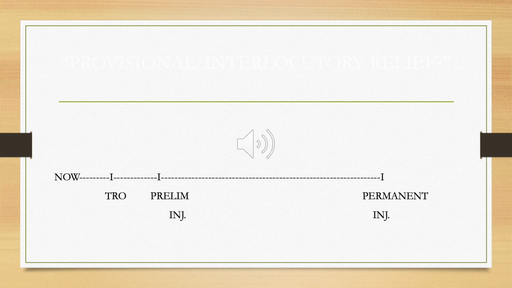So if a party in fact seeks, and it can seek all three of these forms of relief at the same time, and the court, for example, issues the TRO, a court will typically set the hearing for preliminary injunction on the heels of that issuance of the TRO, but leaving enough time for the parties to come back to actually be heard in a little bit more detail, right?